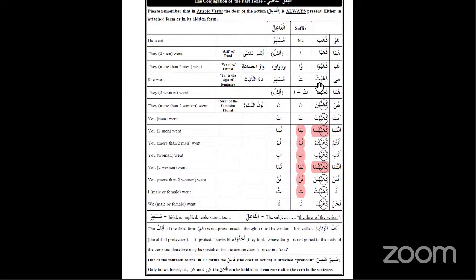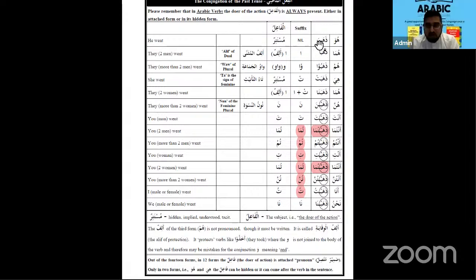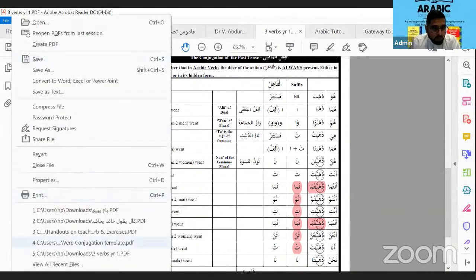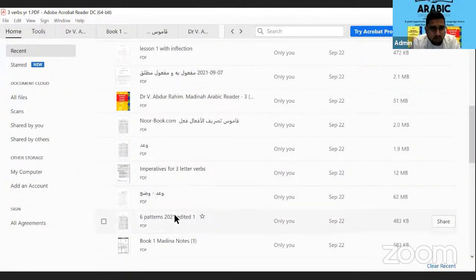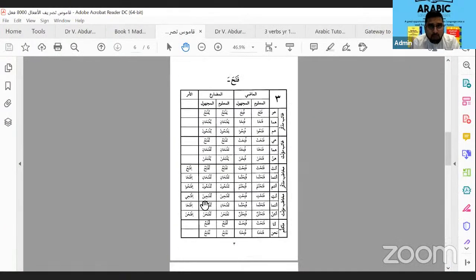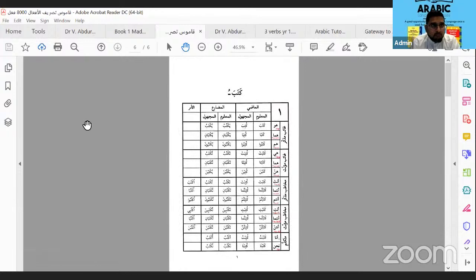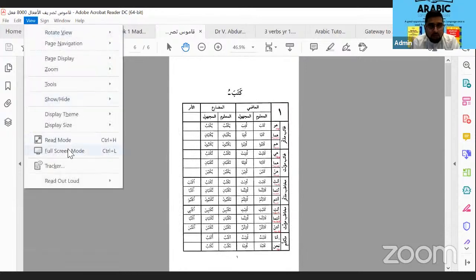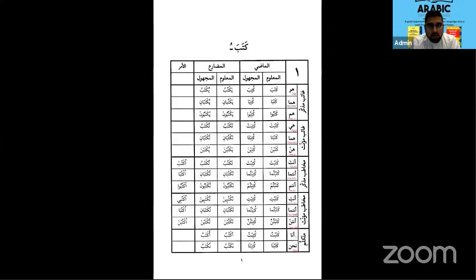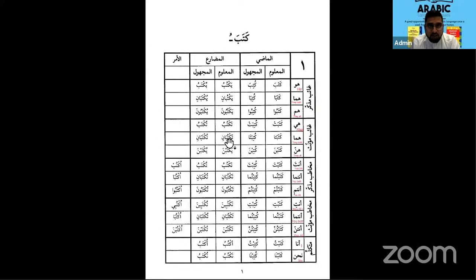Alaikum salam. Thank you for sending the homework. So, Reja, let's give you another one. Can you see this one here, Reja?